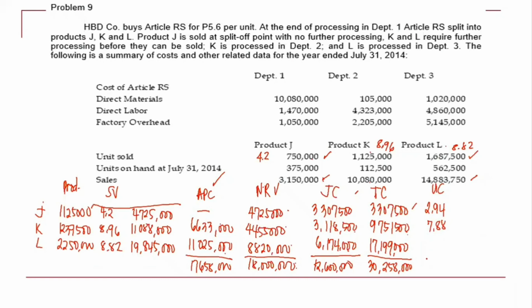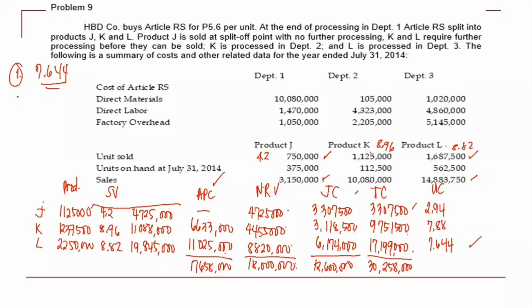And finally, for letter L, product L, 17,199,000 divided by 2,250,000 units. So that would be 7.644 na unit cost. And I think for number 1, ang tanong ay unit cost ng L. So number 1, ang unit cost ng L ay 7.644. Nabigay na po dito sa ating table.